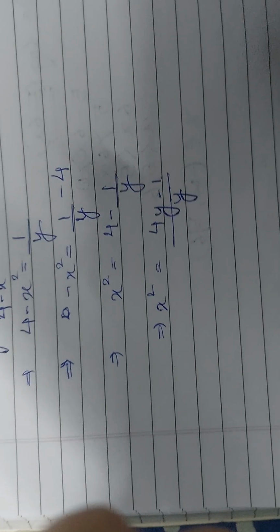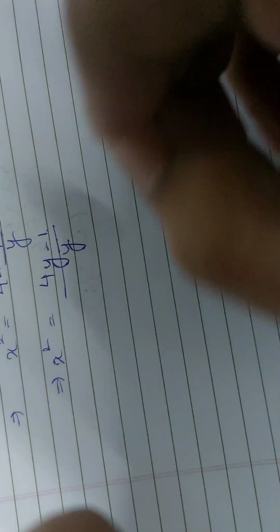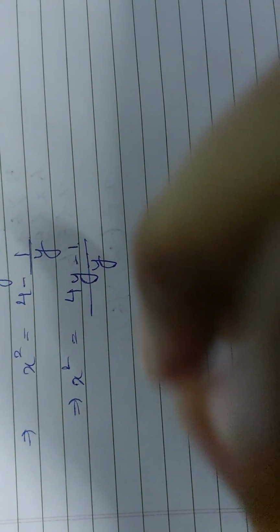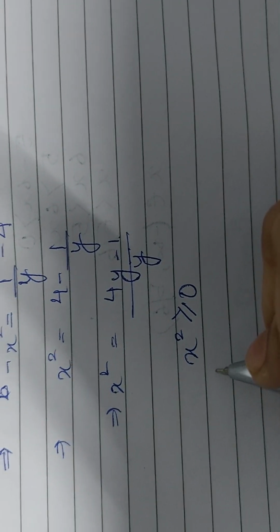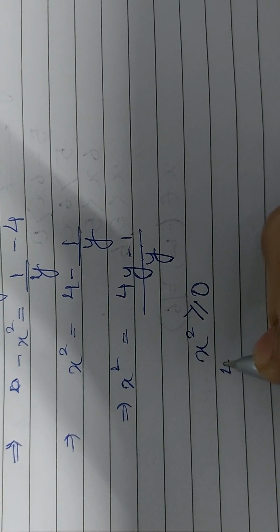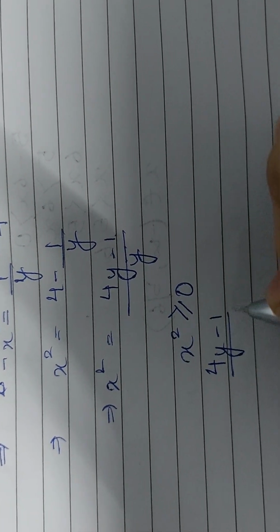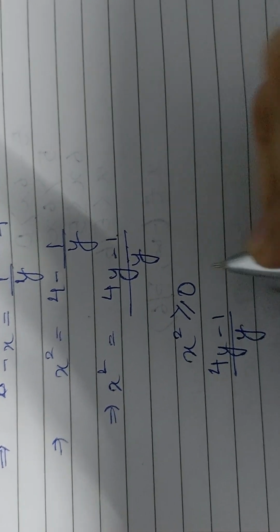Now, as stated earlier, the square of any number is always greater than or equal to 0. So therefore x square must be greater than or equal to 0. And from this equation we can understand that (4y minus 1) divided by y must be greater than or equal to 0.